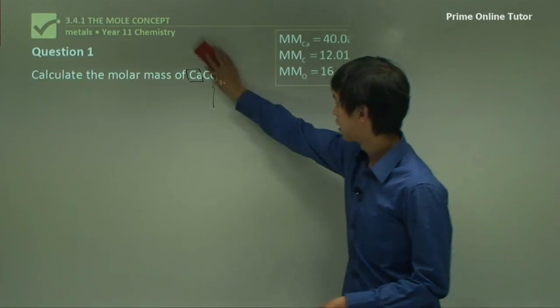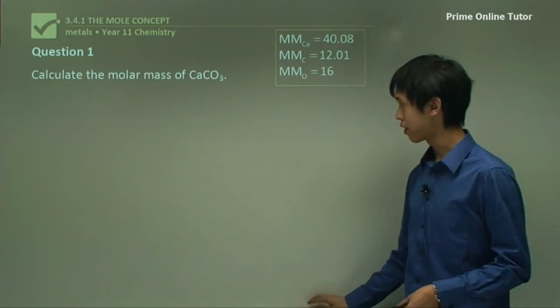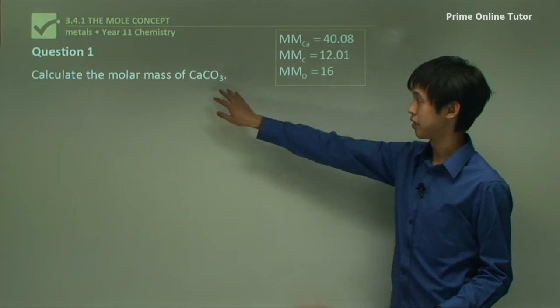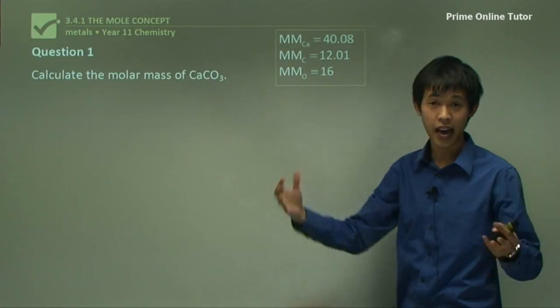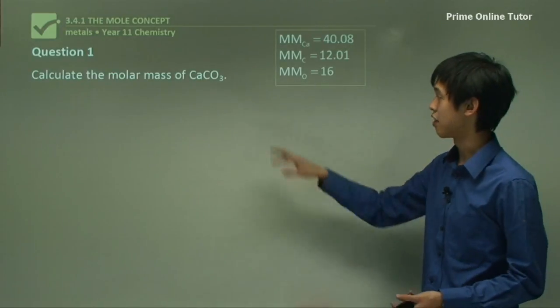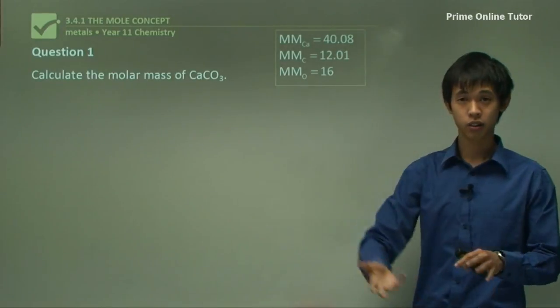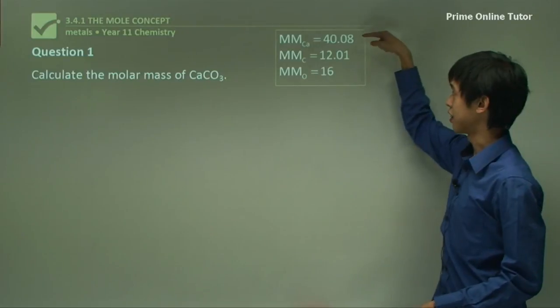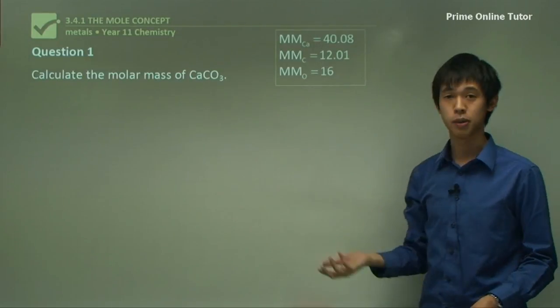Okay. Now, remember that in order to work out the molar mass of this substance, we just add up all the molar masses of each part. When I went and looked through my periodic table, I found that these are the molar masses of each element. Okay?